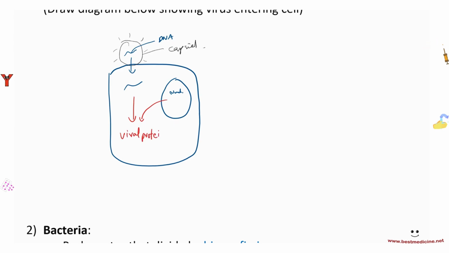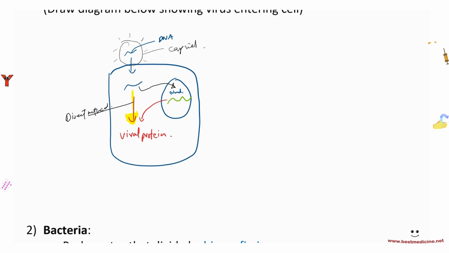Now, one way to do this is that the virus's genetic material is directly used, right? Directly used to make viral proteins. One is the direct method, and the other is that you get this genetic material to be incorporated into the normal cell's DNA. So let's say this is the normal cell's DNA in green.